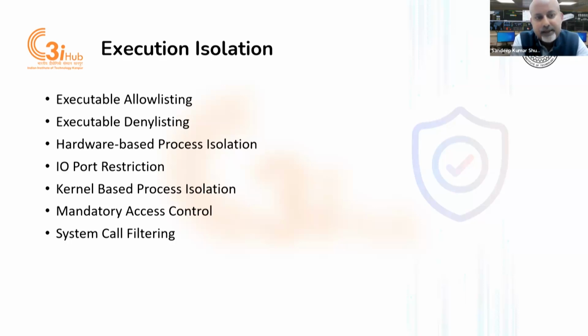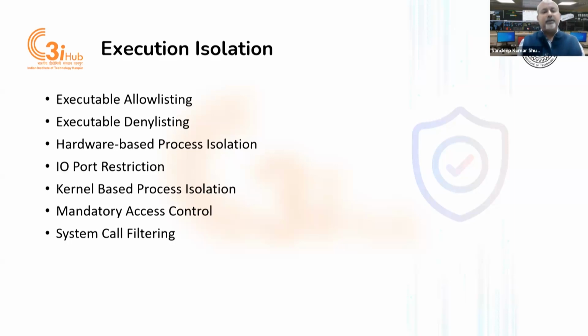System call filtering is another way of doing execution isolation. If there are some system calls which look suspicious, you can do system call interposition and stop that particular system call from being executed by an application. These are different ways of checking that the executable is denied unrestricted access to resources and data without proper provisioning.